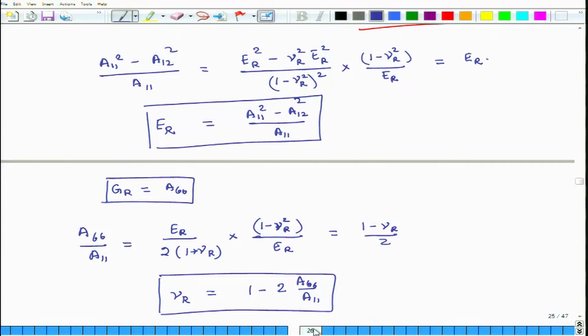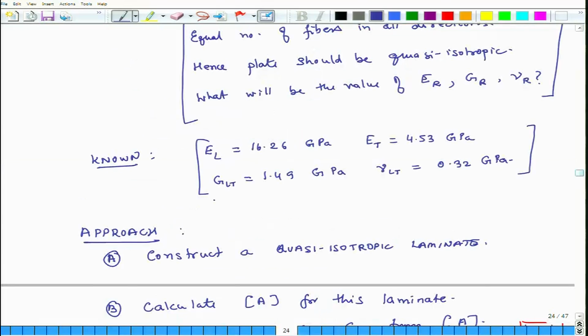So, with this background what we will do is we will actually calculate for a material system whose unidirectional lamina has these properties. Okay.